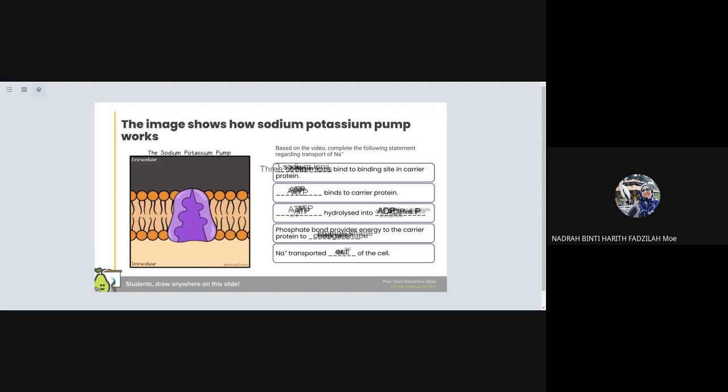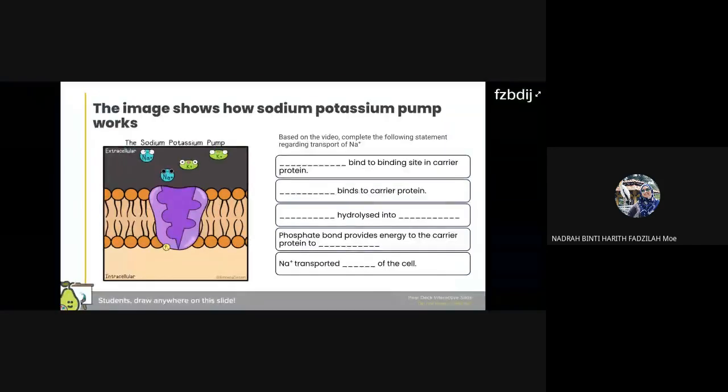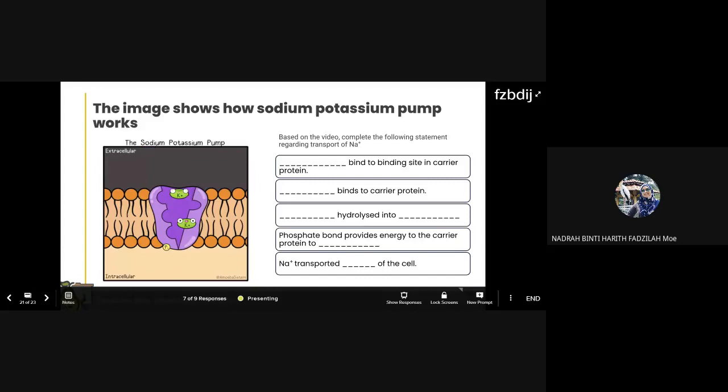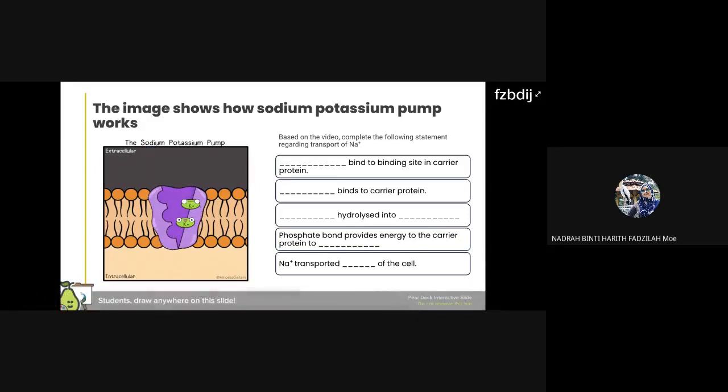So, dalam GIF yang saya bagi ini, kita dapati selepas itu 2K plus enters the binding site and then phosphate will move out of the carrier protein, causing the protein to change shape once again and transport potassium into the cell.